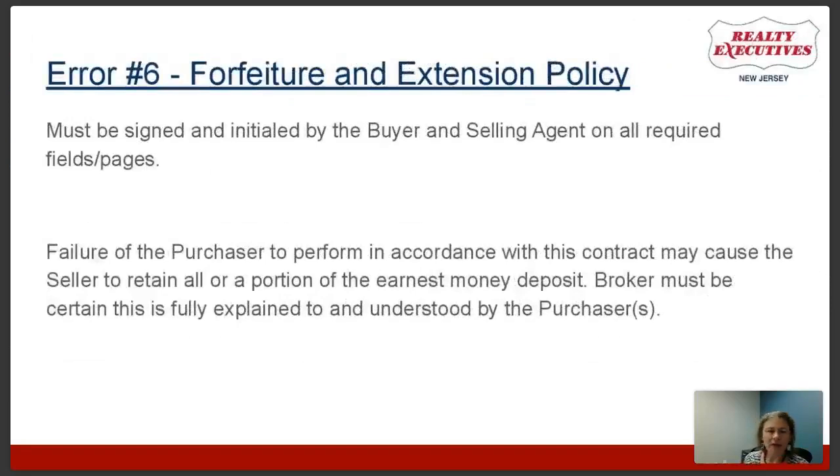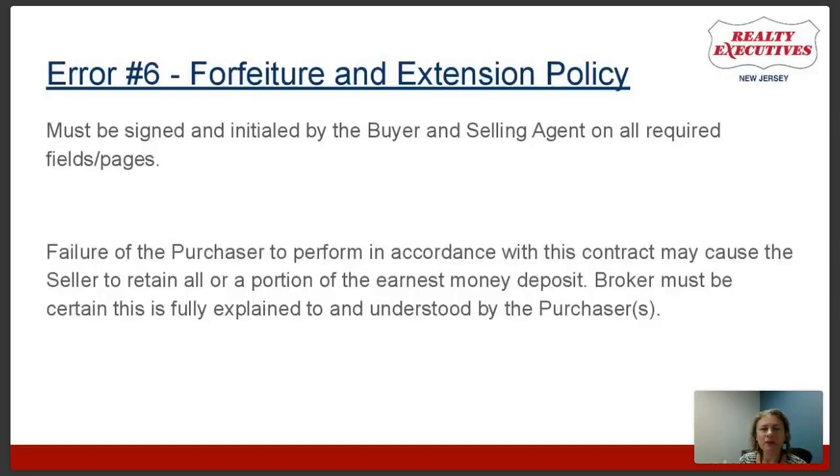If the correct requirements are not provided, the buyer could not only lose the opportunity to purchase the property, but if they have already paid any deposit, they could lose it. So there is an extension and forfeiture form which must be initialed and signed in all the required areas of that form.